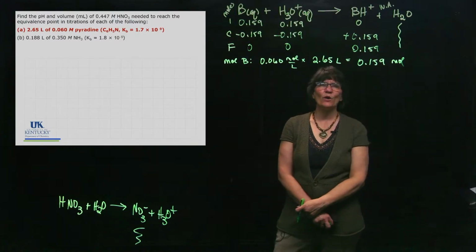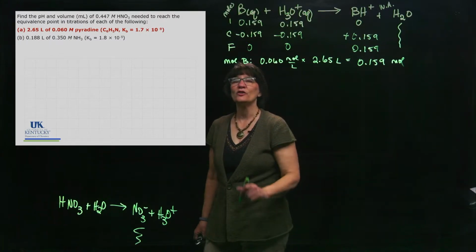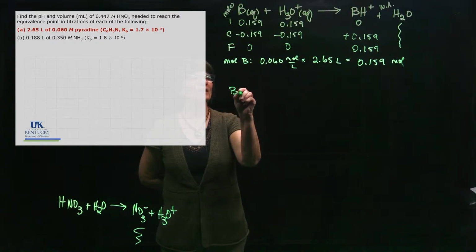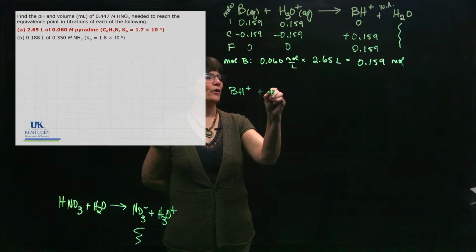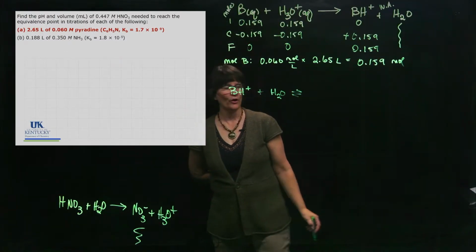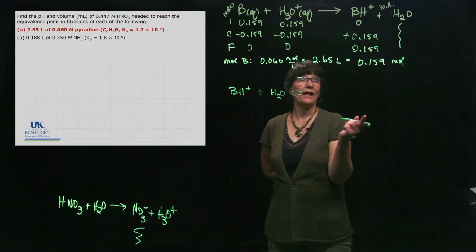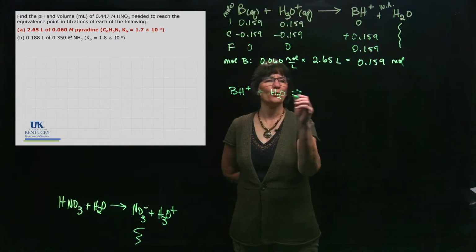And then I think to myself, well, how do you determine the pH of a weak acid? Well, what you do to determine the pH of a weak acid is you say that weak acid is sitting in water, and it is doing an equilibrium with water and generating for me something that I can use to get a pH. It's a proton swap, so the acid donates to the water.